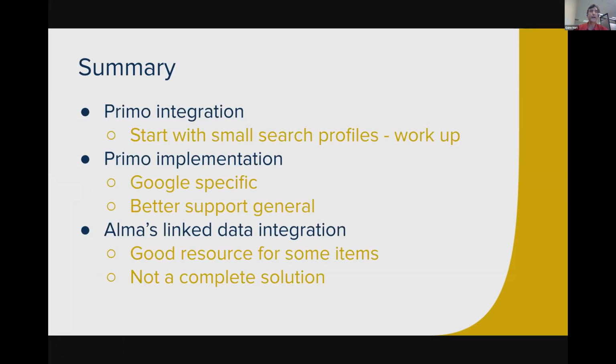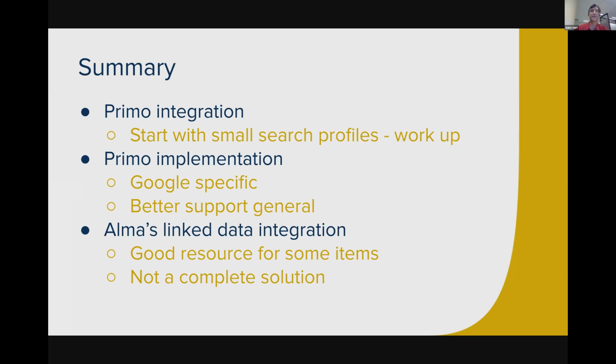So in summary, we talked a little about the Primo integration, and I identified some of the problems we've had. I should say that it's probably better to start with your smallest search profiles and work up from there.